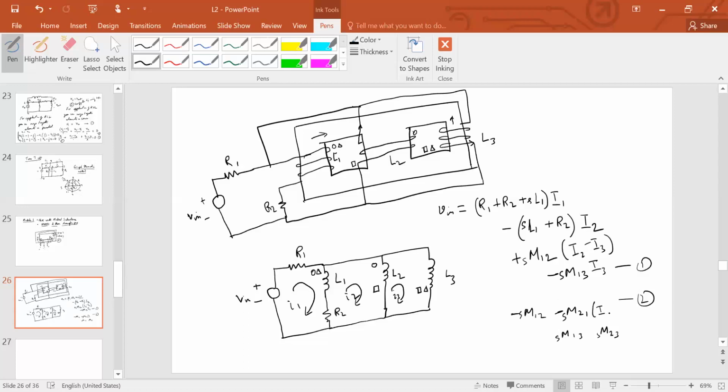So this is going to be I2 minus I3, and the product that goes with this is I2 minus I1.